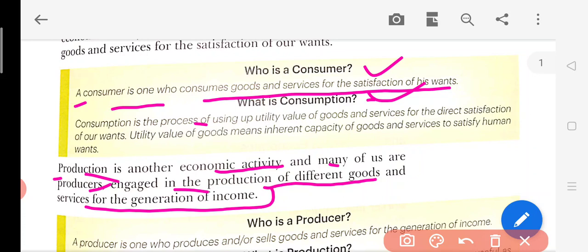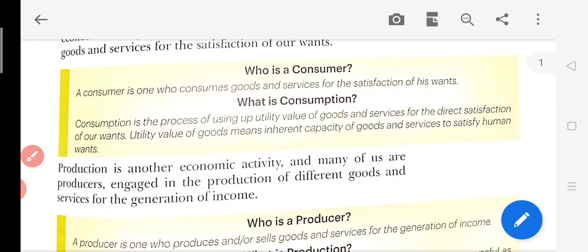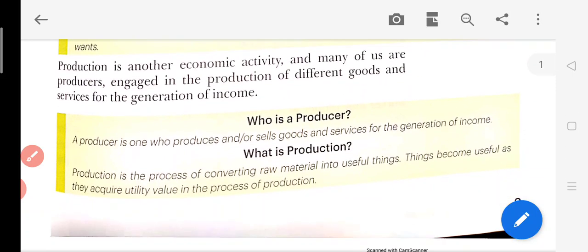In economics we can say that it leads to generation of income. When we do some economic activity, income is generated, because when you do something, definitely you get paid for it. That is your income. So production leads to generation of income.